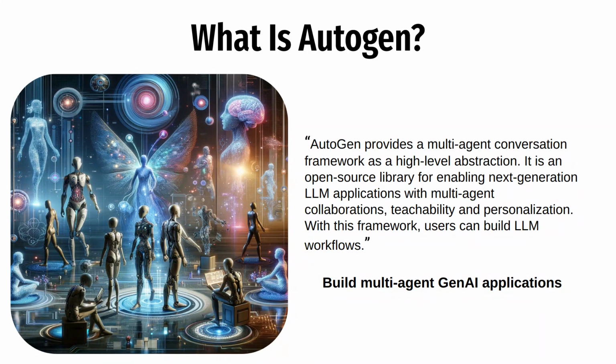With this framework, users can build LLM workflows, right? So basically, the whole idea behind Autogen is to build multi-agent generative AI applications. That's what the whole thing about Autogen is.